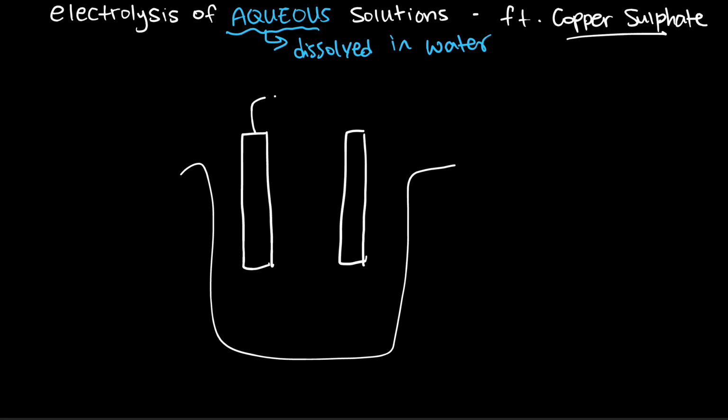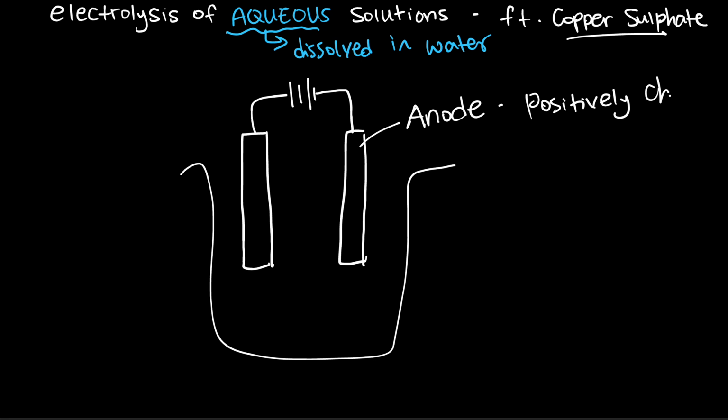And that's connected, and it's all powered by a battery that powers the movement of electrons, right? On this side, we're going to have our anode. Now, anodes are positively charged because opposite charges attract, right? An easy way to remember is anodes attract anions, negatively charged ions. That's why it's positively charged, because opposite charges attract, right?